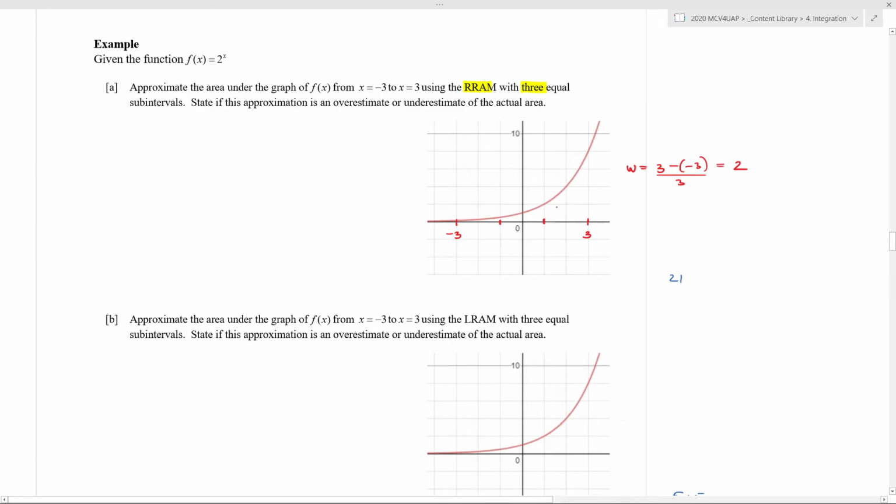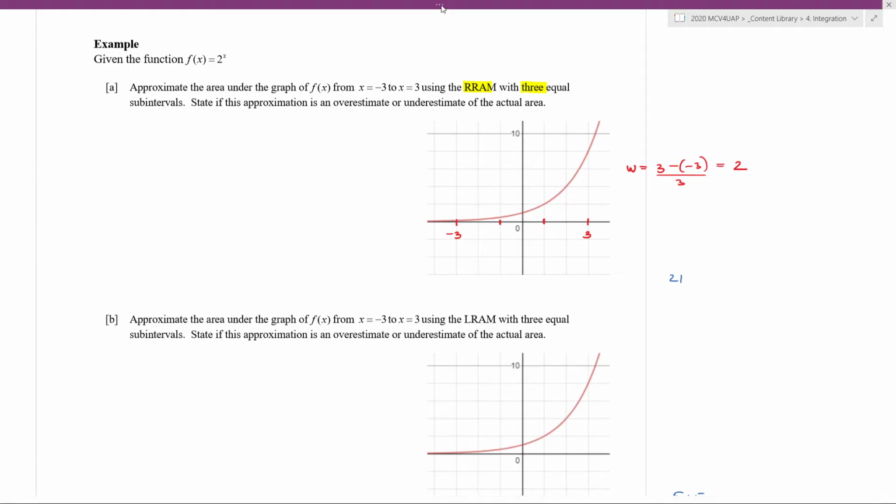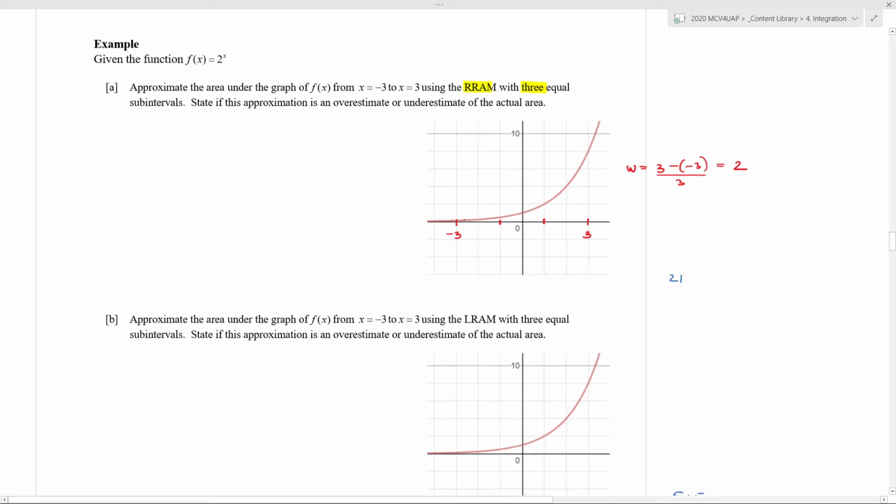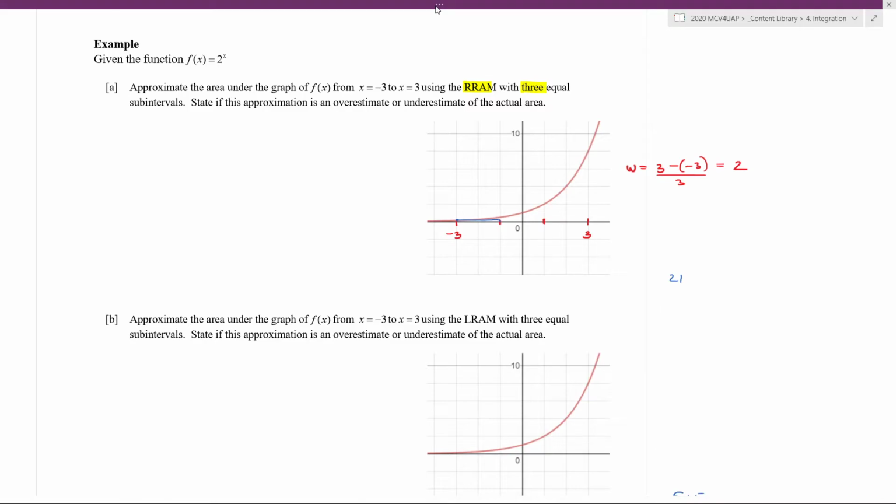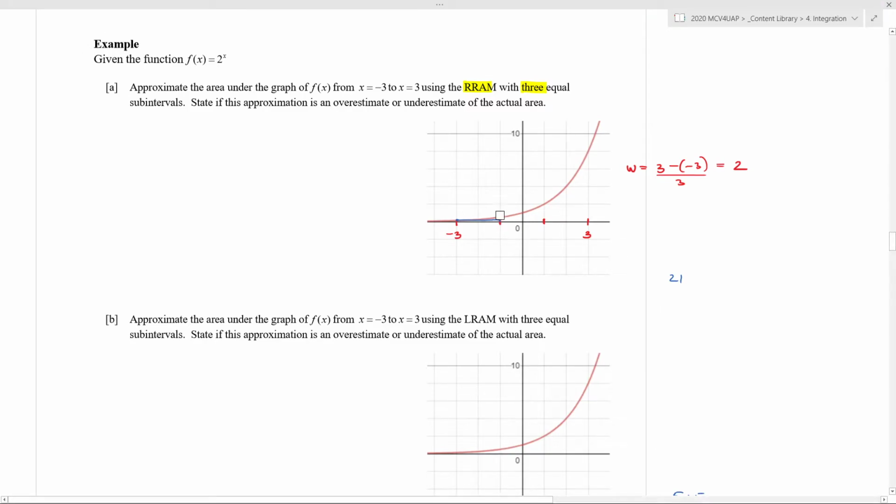Now if I'm using RRAM, let's see here. Use a different color. Then right here, the first one's going to be hard to see, but it's going to look something like that. Whoops, that was LRAM. We need RRAM. My bad. Let me erase that.